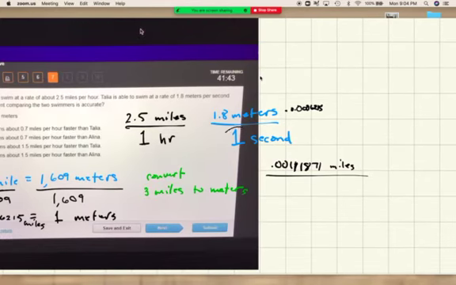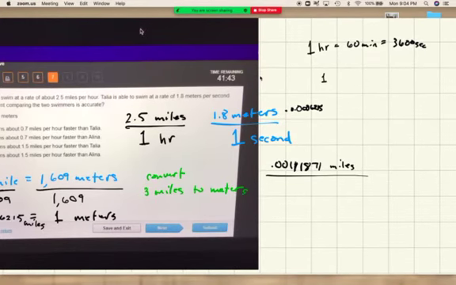And then 1 second is how much in hours? Well, that's the same thing as saying 1 hour equals 60 minutes, and 60 minutes equals 3,600 seconds.